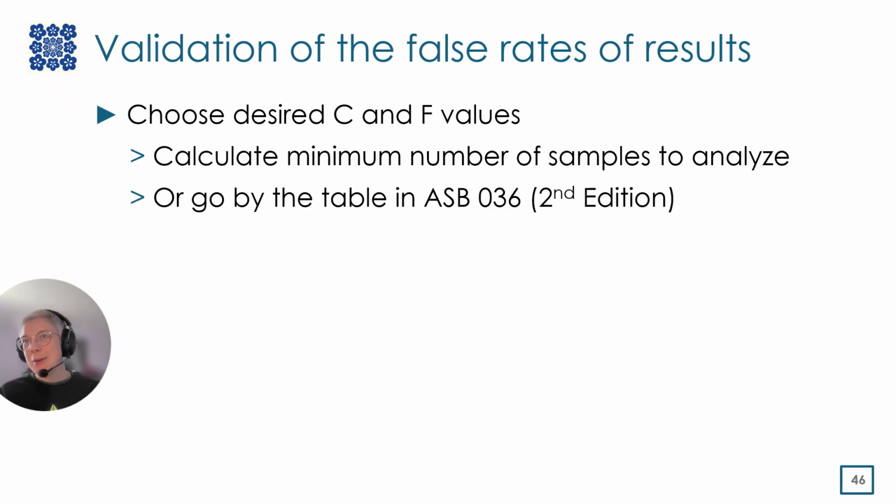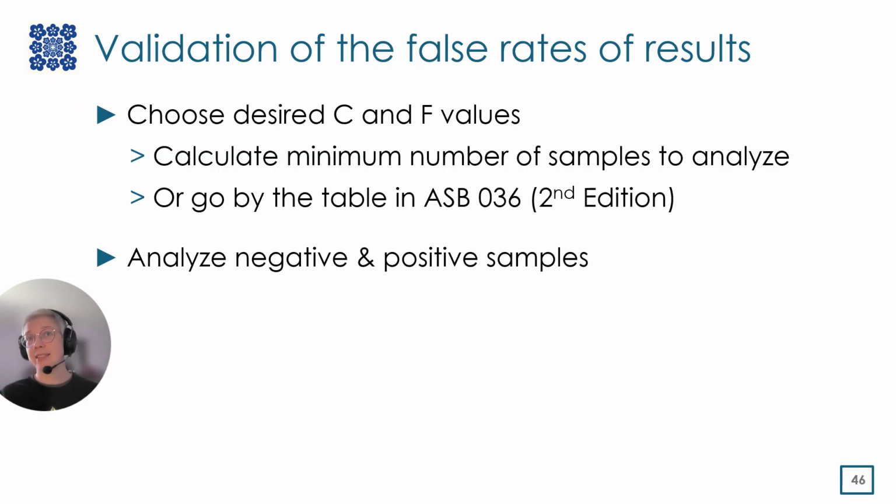Or you can go by the table. There will be a table with the most common values for C and F in ASB 036 second edition. And the slide that I had previously was basically an excerpt of that table. So you can use that as well to set your number of samples.